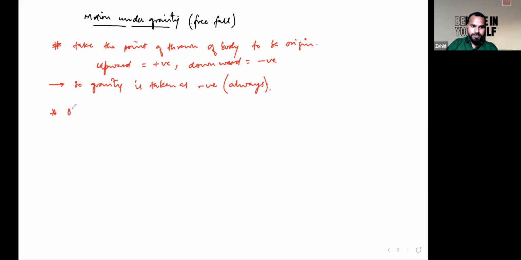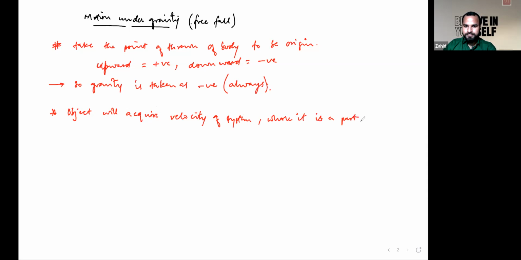So the object will acquire the velocity of the system of which it is a part. And for this whole concept, just neglect air resistance. So air resistance is neglected.